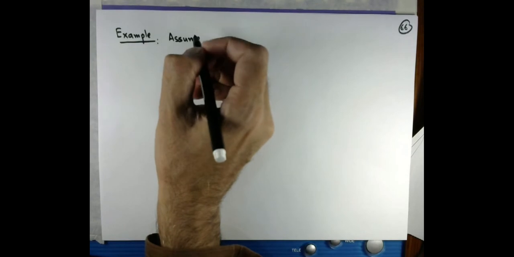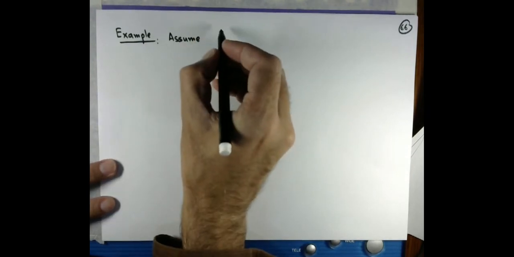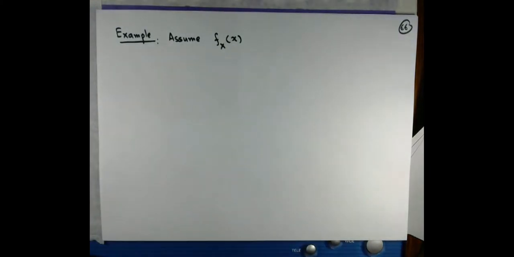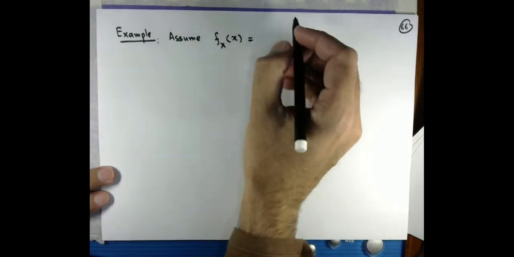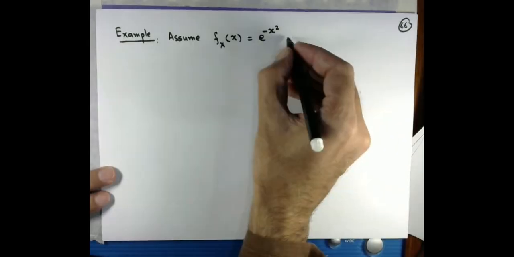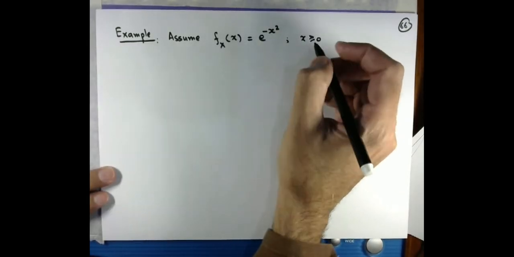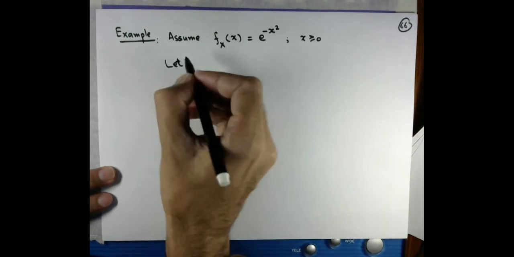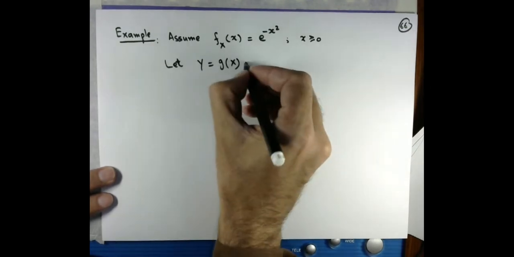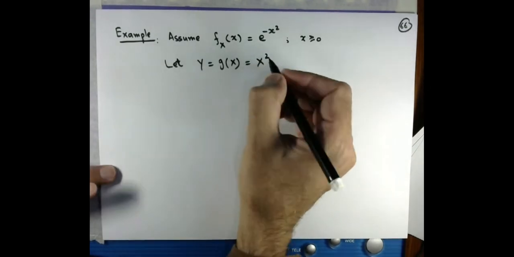So I solve an example. We assume that we have some PDF of the source random variable x, and it is given as e raised to power minus x square for x greater than or equal to 0, and we let y as g of x, and that is now x square.